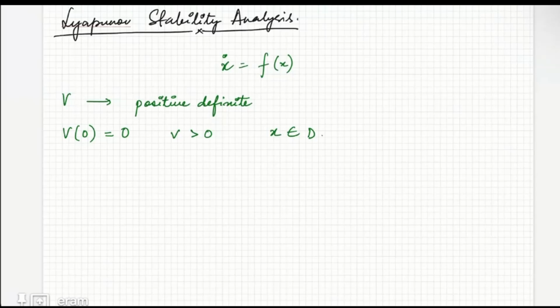So if we are analyzing stability in the domain D, then the Lyapunov function should be 0 at 0, and it should be positive for all values of x in the domain D.